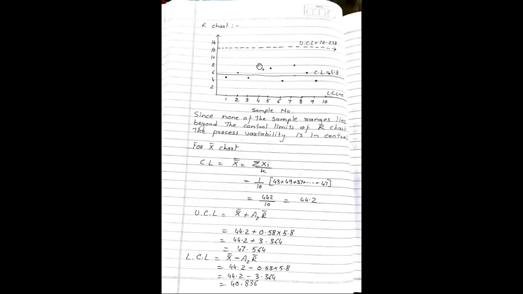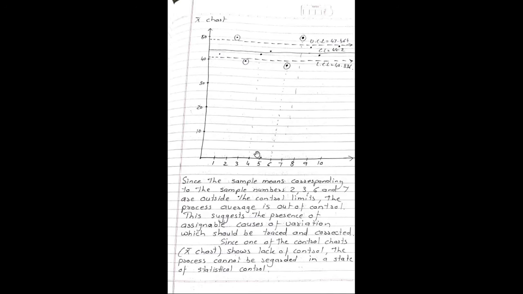Then the next 4 values are 44, 45, 37, 51. Again in these 4 points, one is going outside the upper control limit and one is below the lower control limit.